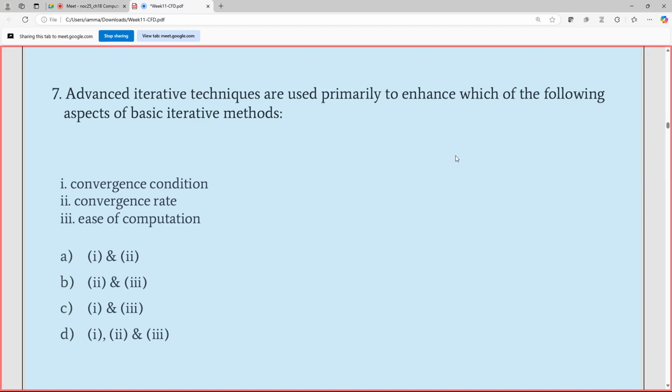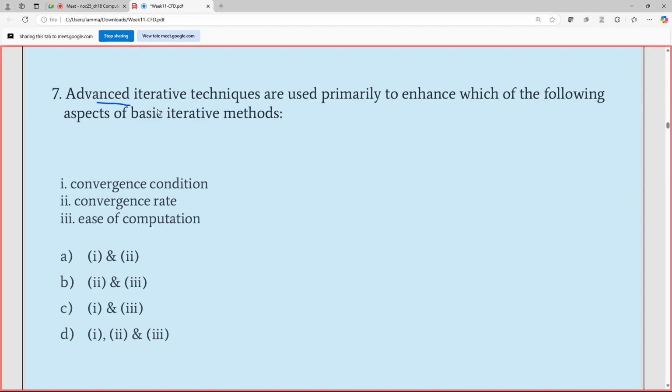Next question. The advanced iterative techniques are used primarily to enhance which of the following aspects of basic iterative methods? We have discussed some of the advanced iterative methods in the previous sessions.